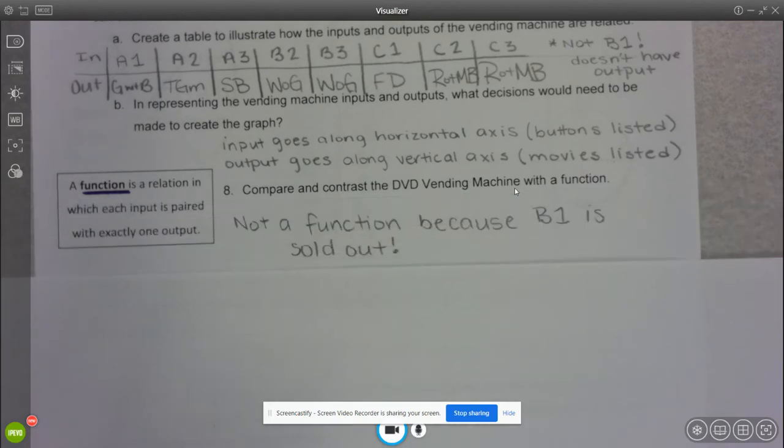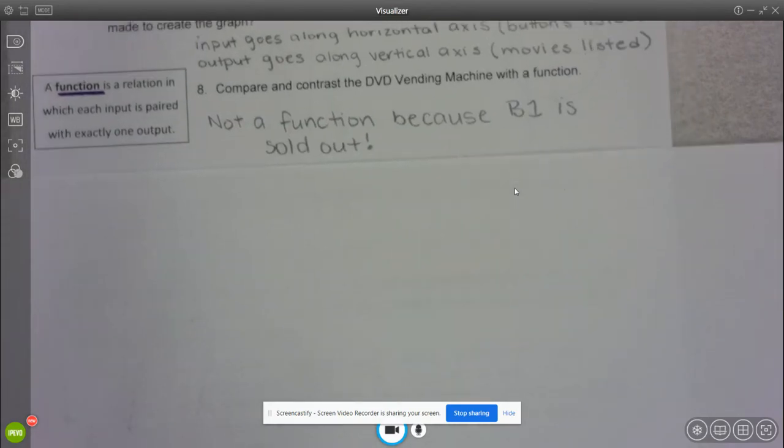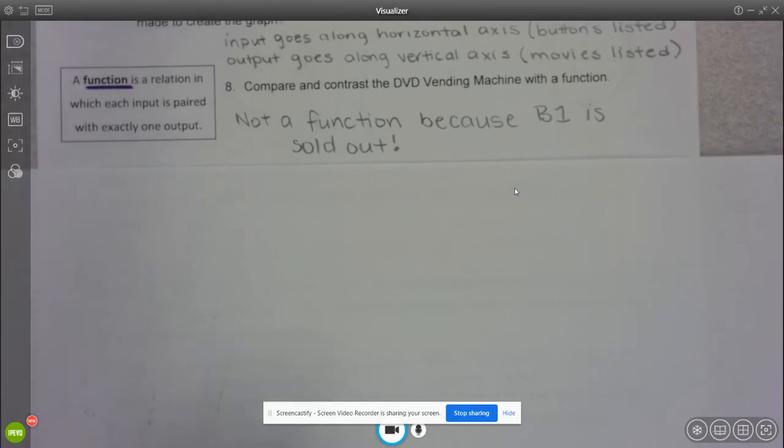This actually ends up not being a function because B1 does not have an output. So that makes this vending machine scenario not a function. It is a relation because buttons and DVDs are related, but I cannot call it a function since B1 does not have an output here.